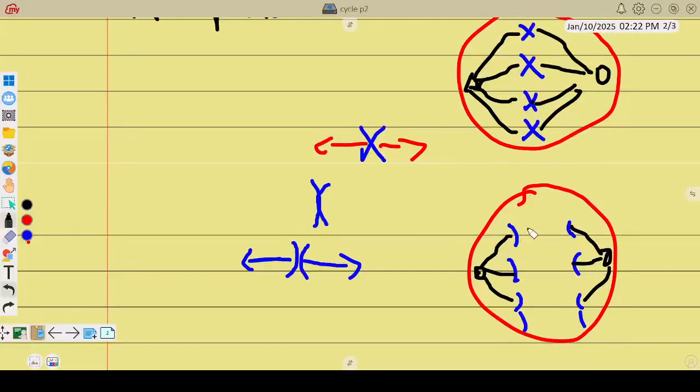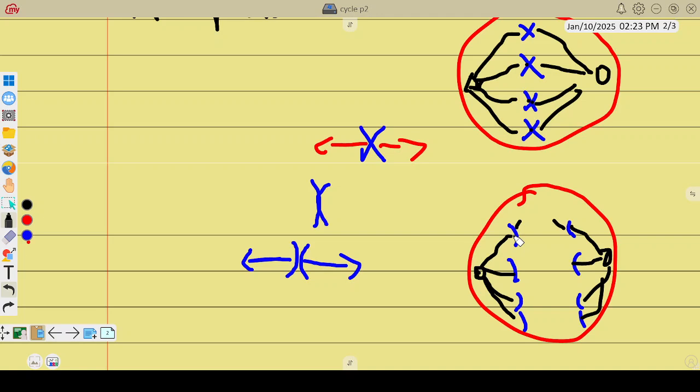At this point the cohesion proteins here broke, even here they disintegrated, and when that happens, the chromatids can be pulled. These chromatids which were pulled will now be called chromosomes on their own. This was a chromatid, even this was a chromatid, but at anaphase they will individually be called chromosomes.